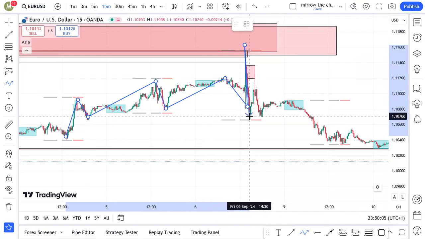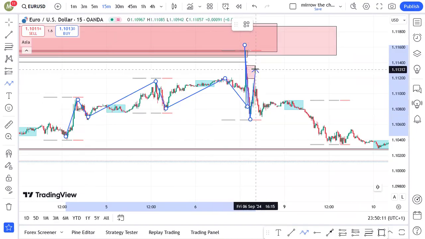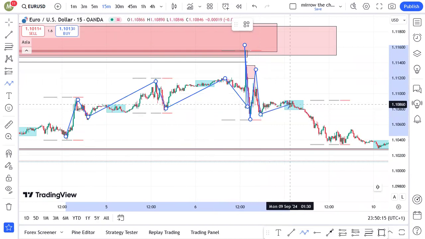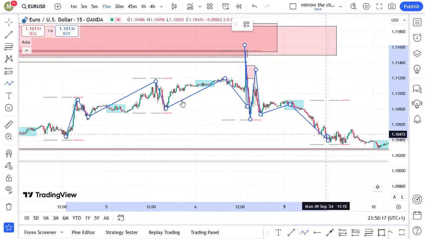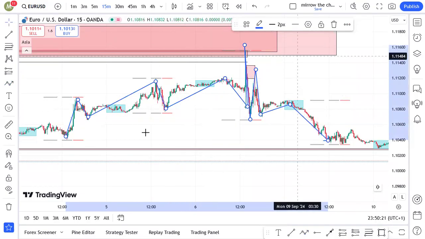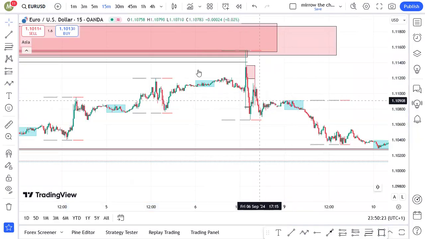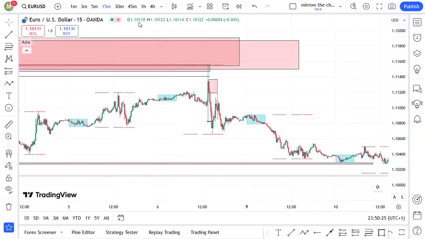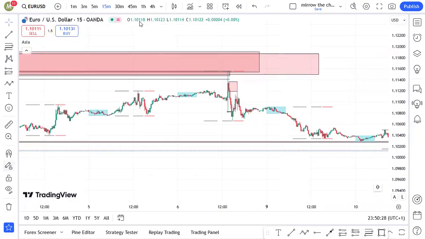Now it came back here and broke this guy. Then this is the guy that caused that break of structure. Price went there, tapped into it, and continued down. It's not exactly smooth, but this is just the idea. You understand? This is the case if you want to take entries from that lower time frame.